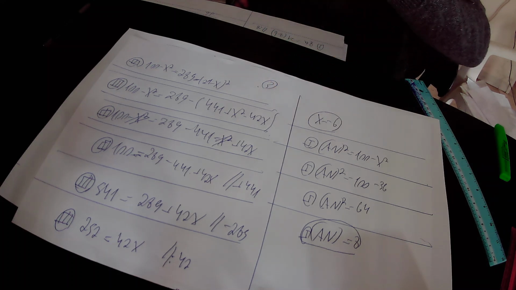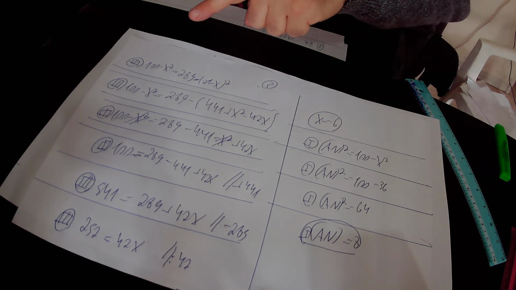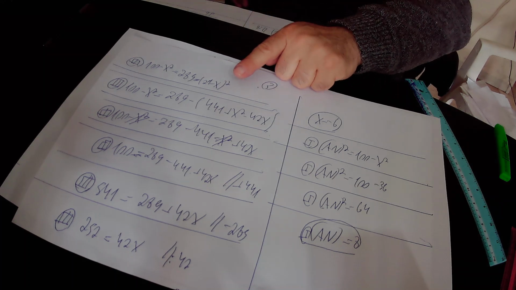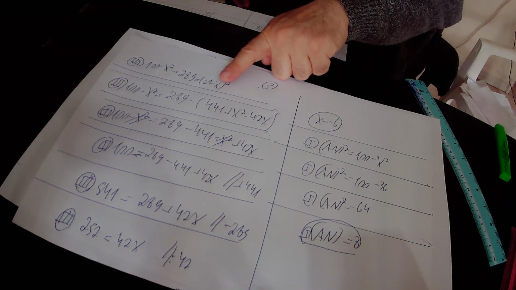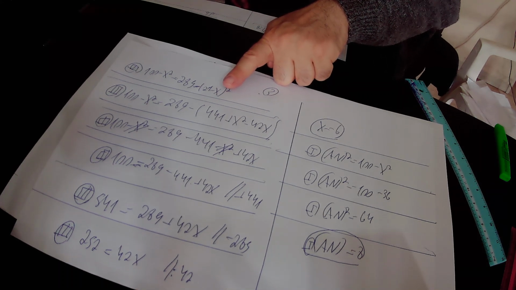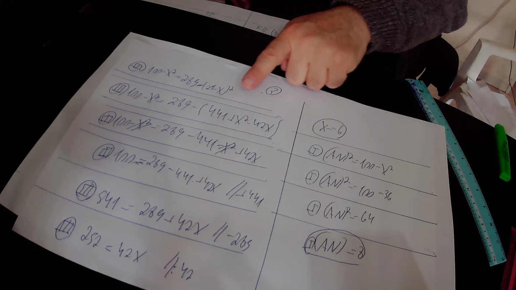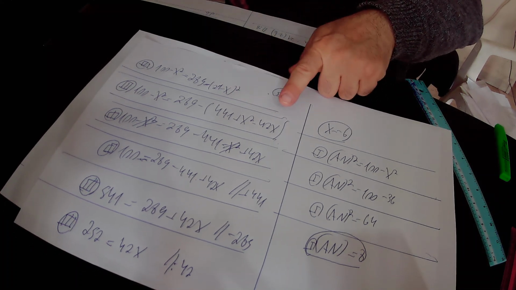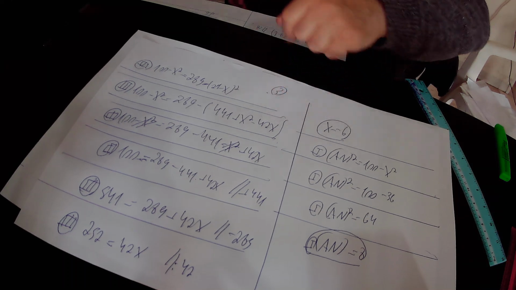So according to equation 3, 100 minus x squared equals 289, and here we have minus before the brackets. After we open the brackets, the expression will be equal to minus 441 minus x squared, and minus times minus is plus, so it is plus 42x.